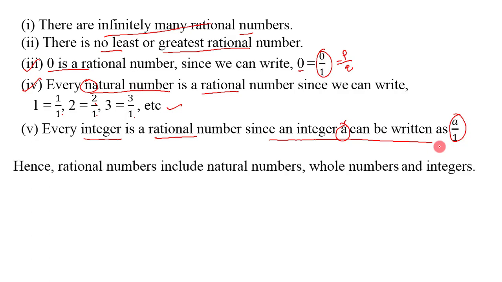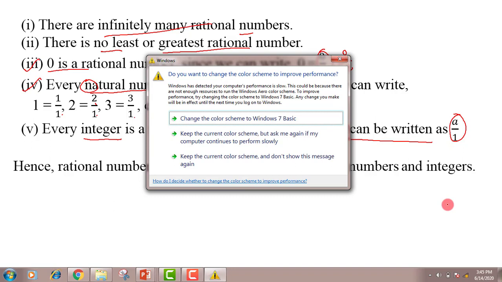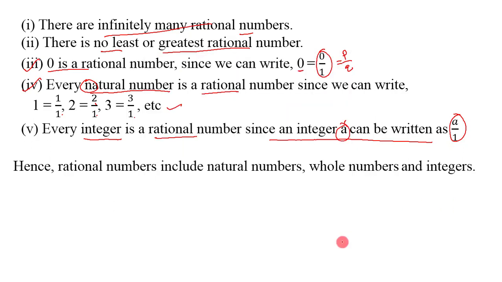Now if you observe this last point, the rational numbers include the natural numbers, whole numbers, and integers. If you draw the diagram for this, firstly we learnt about natural numbers, and we extended them to the whole numbers by adding 0 to it.